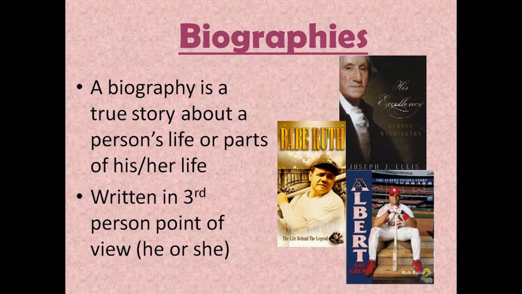So a biography is the story of a particular person, and someone else is writing about his life or her life. So it is narrated in the third person point of view. Third person point of view means he and she. So you are describing the story of another person, a famous person.